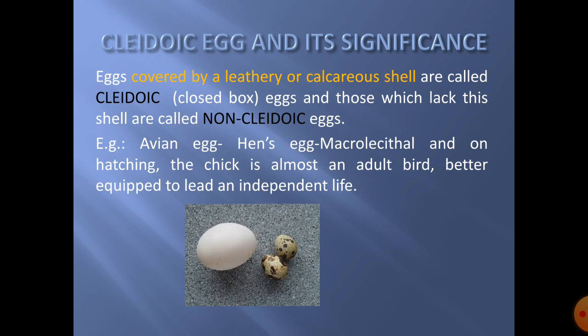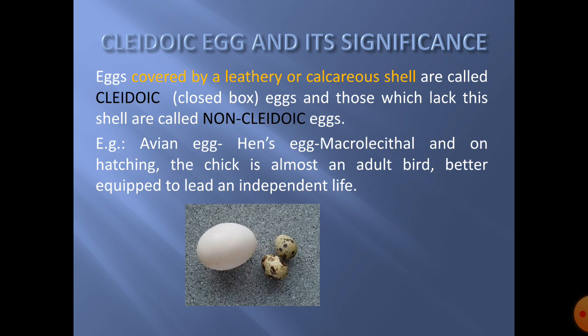The best example for cleidoic eggs you have seen: the avian egg, the bird's egg, especially the hen's egg. It is macrolethal, and on hatching, the chick is almost an adult bird. The bird is almost better equipped to lead an independent life.